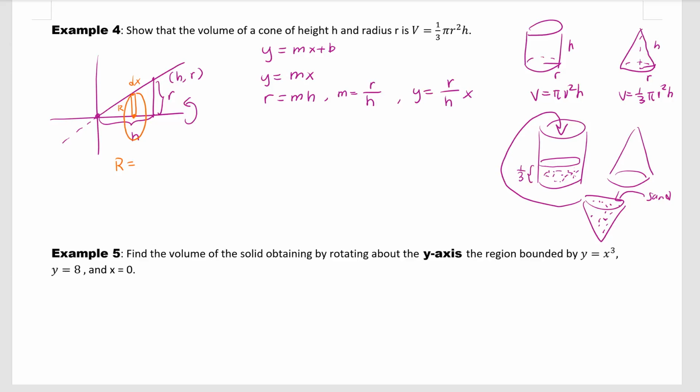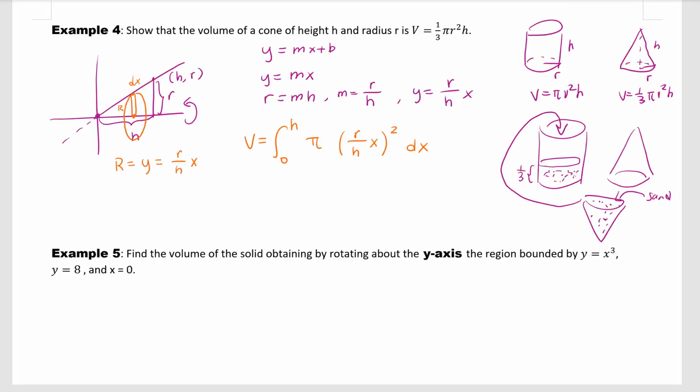It varies, and in this case it's actually y, so it's R over H times x. So volume is the integral, x goes from 0 to H, of pi big R squared, which is (R over H x) squared dx. So far, so good?